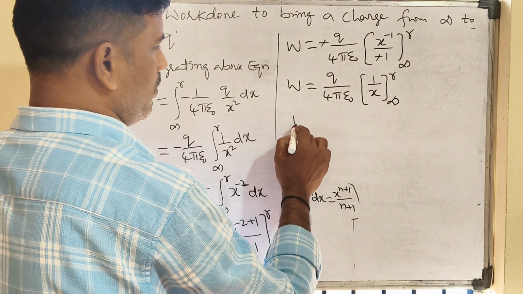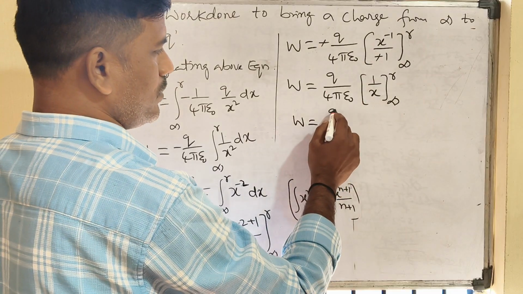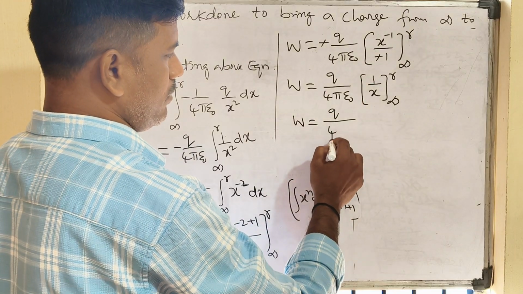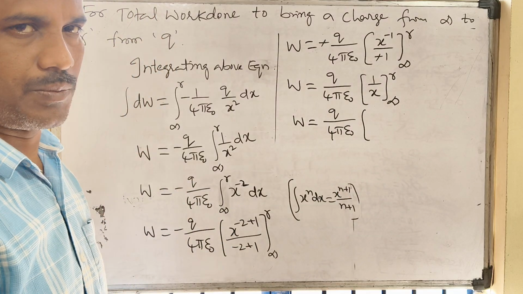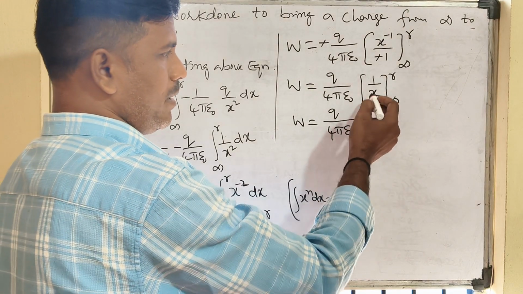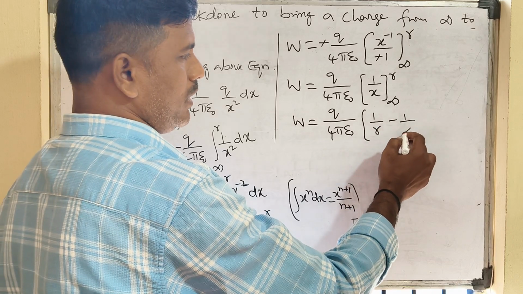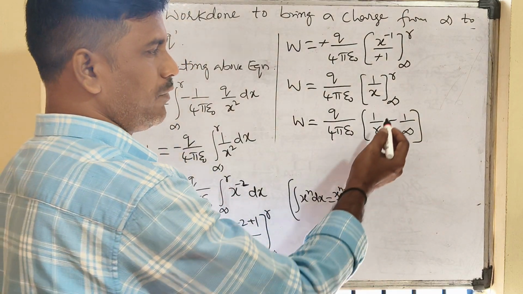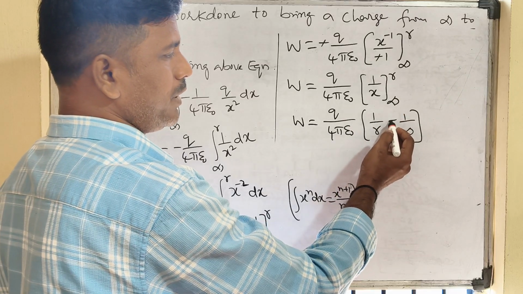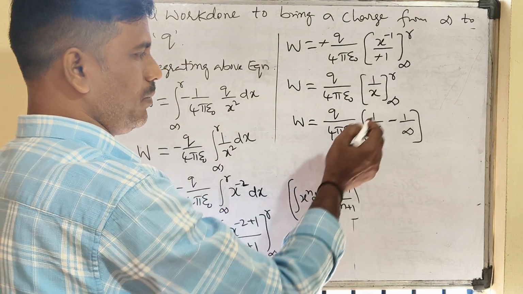Right. So w is equal to q divided by 4 pi epsilon naught, and here the minus 1 cancels. First we substitute the upper limit in place of x: 1 by r minus 1 by infinity. Are you clear? Before substituting the lower limit, we should keep the minus. It is the rule in integration for substitution of limits.